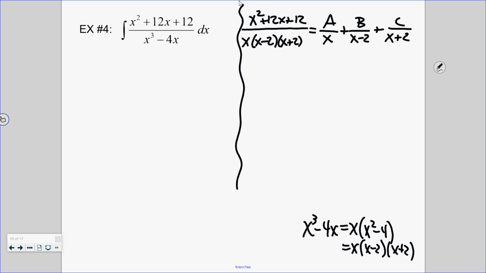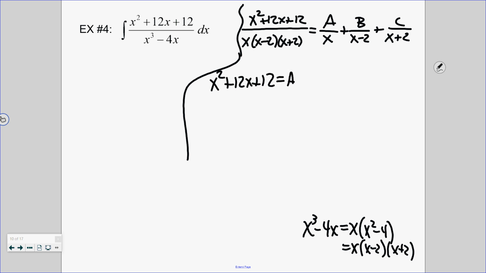And then we just keep letting x be whatever it's going to take to get rid of stuff. Sorry, I've got to write it first. So we have x squared plus 12x plus 12 is a times x minus 2 times x plus 2, plus b times x times x plus 2, and I'm not going to have room, so I'll put that integral on another page.